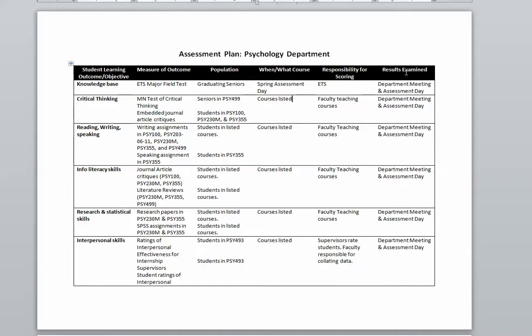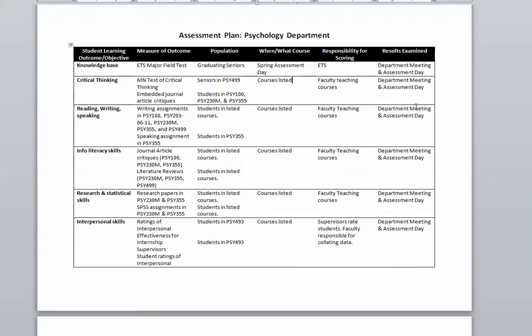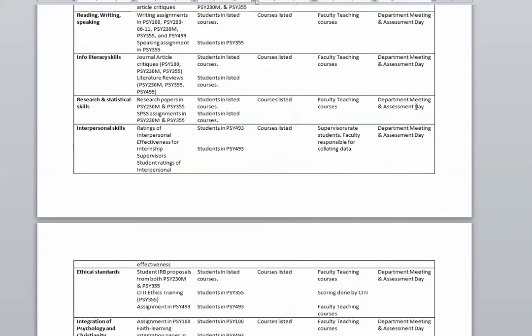So we were discussing the results, and the results are examined. When are you going to make decisions about changes? The assumption here is it's happening in these department meetings as well. But when does that take place, and do you start looking at the assessment results again to see, did the changes that you made make a difference in your results?